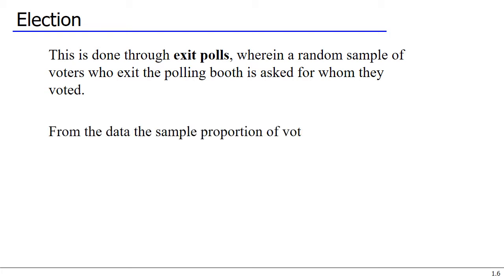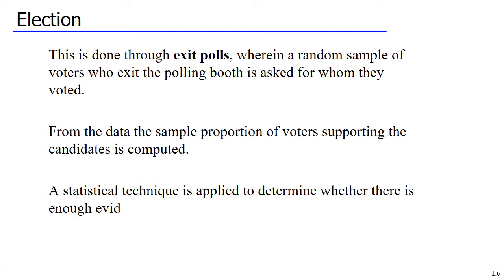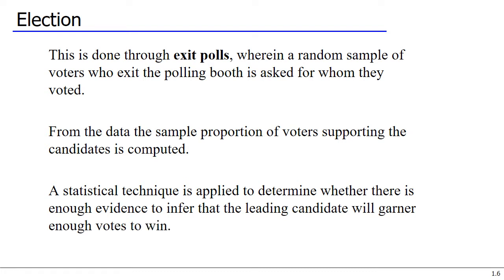From the data, the sample proportion of votes supporting the candidate is computed. A statistical technique is applied to determine whether there is enough evidence to infer that the leading candidate will garner enough votes to win.